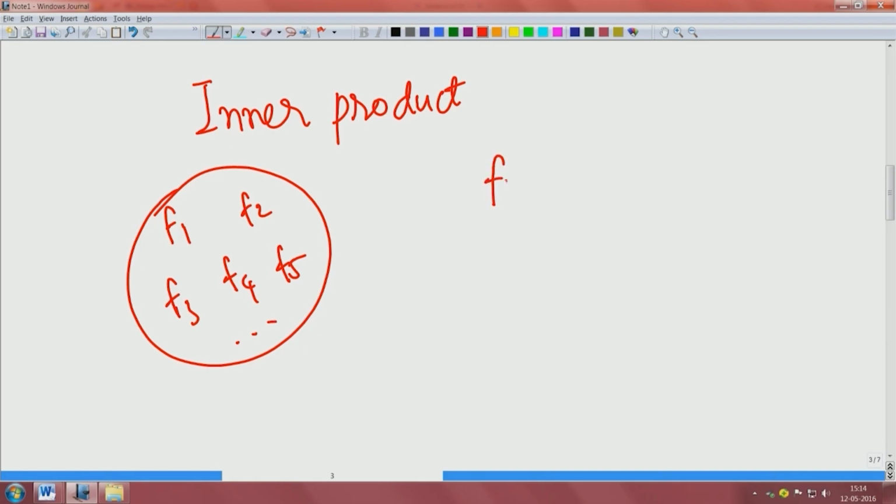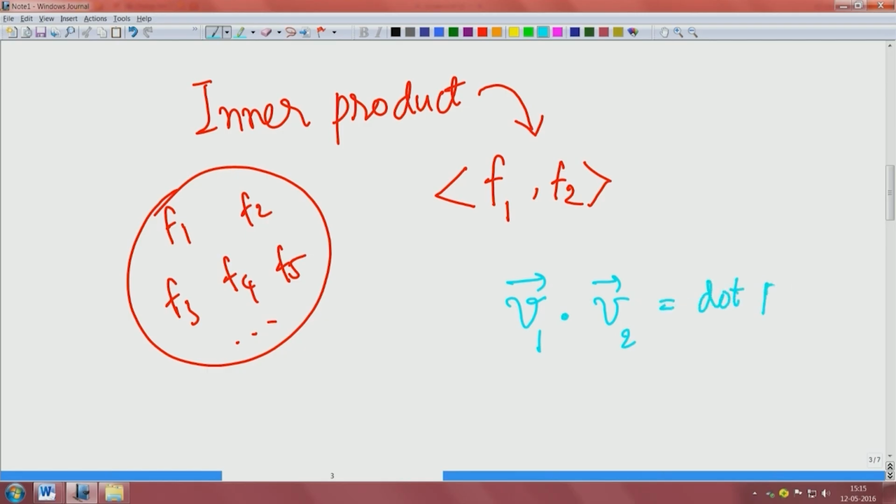I can define the inner product between f1 and f2, and we put 2 angle brackets, that is the inner product. Like if you have 2 vectors, the dot product is like an inner product. Two vectors meaning our mechanics vectors. If V1 is a normal mechanics vector and there is a V2, I can take the dot product. That dot product is an inner product.